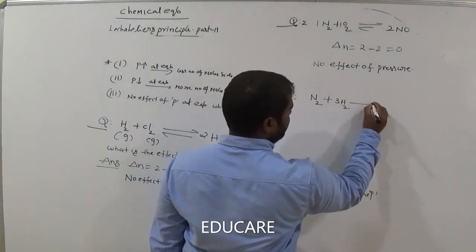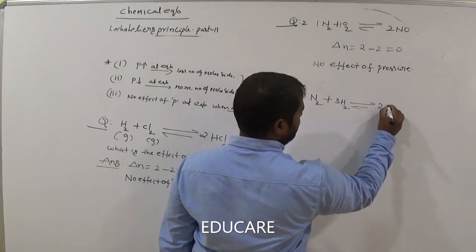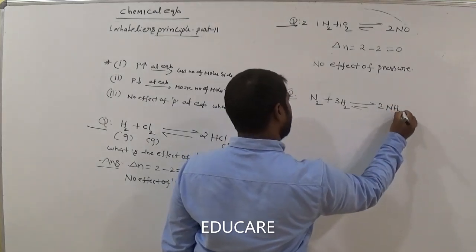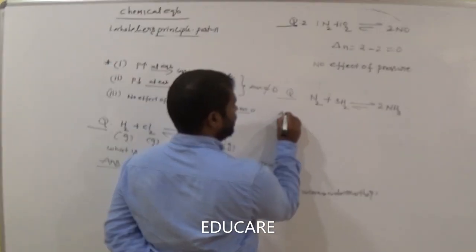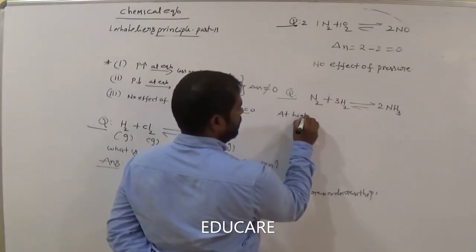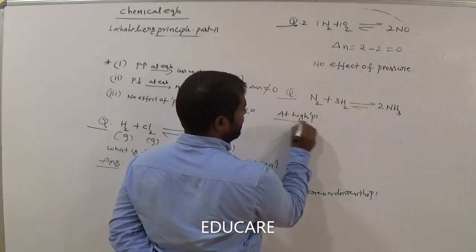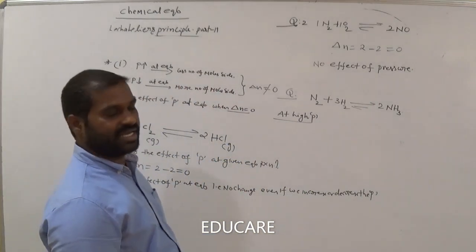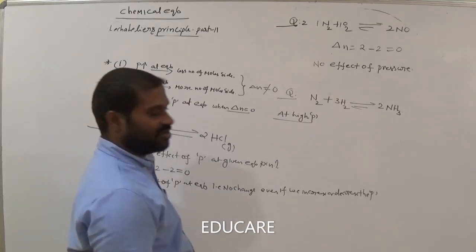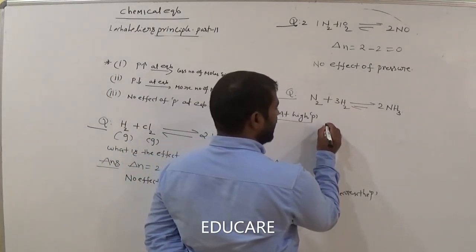N2 plus 3 H2 is reversible to 2NH3. It is a reversible reaction, am I right? At high pressure, what is the equilibrium direction or the equilibrium position of the given equilibrium reaction? Is it forward or backward?